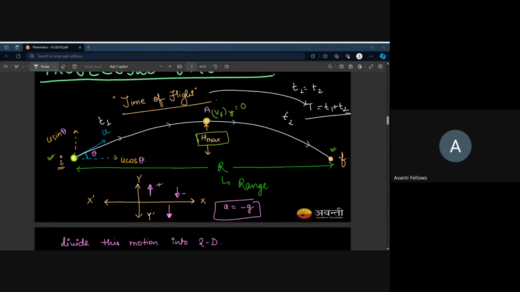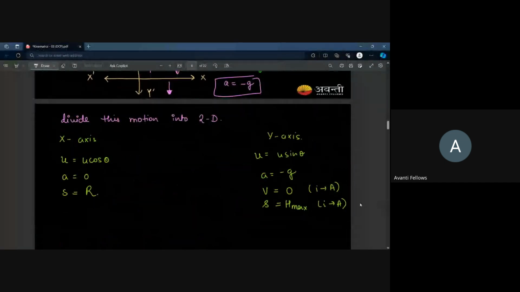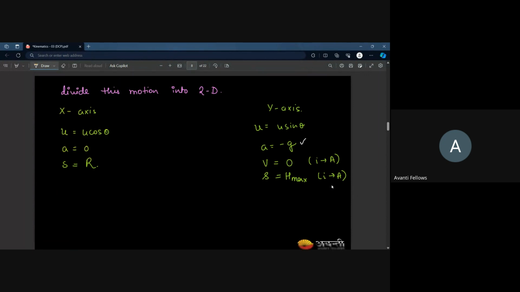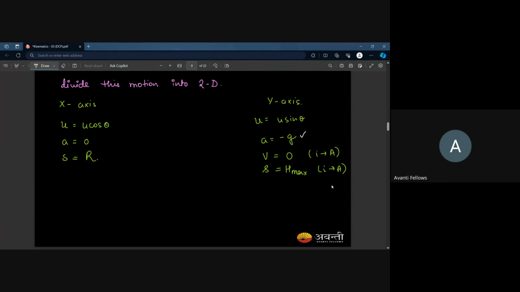Okay. Equations of motion are something we discussed in the last class. And since this acceleration is constant, I'm eligible to use those equations in this scenario. Now let's use it. Let's deal with the y-axis first and calculate the t from this data.